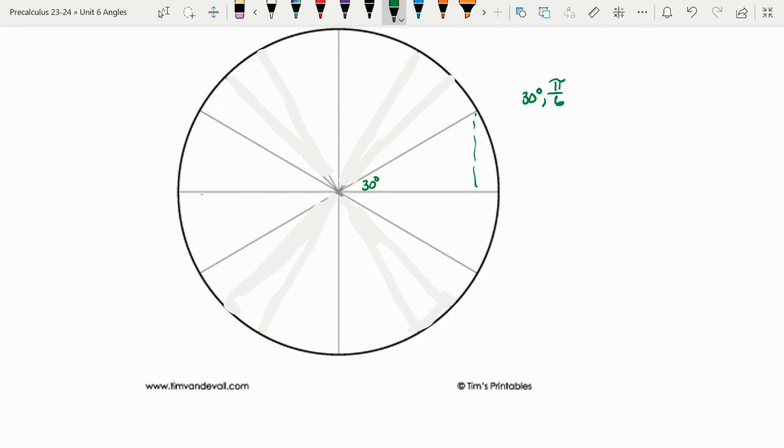So this is going to be pi over 6. So now let's make our ordered pair. The X value, is that the long leg or the short leg? Which makes it root 3 over 2, right? The Y value, is it the short leg or the long leg?